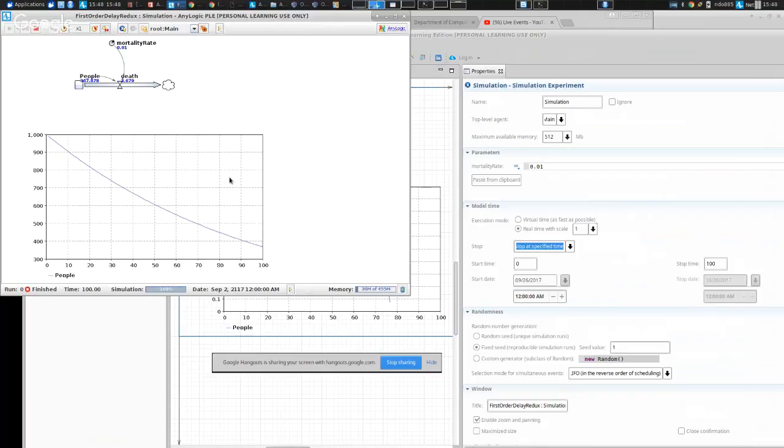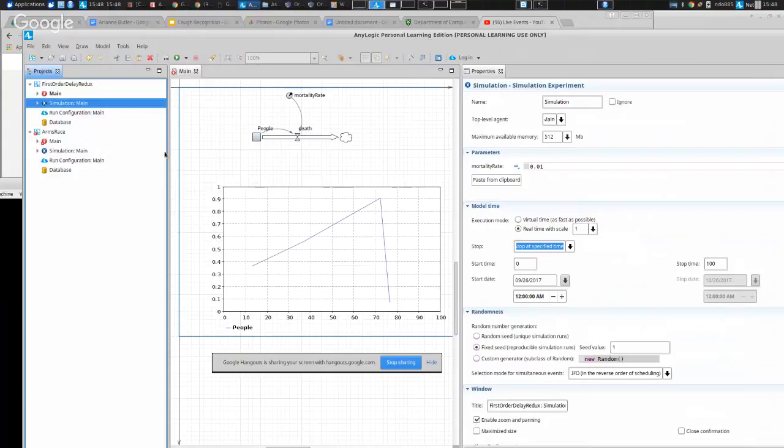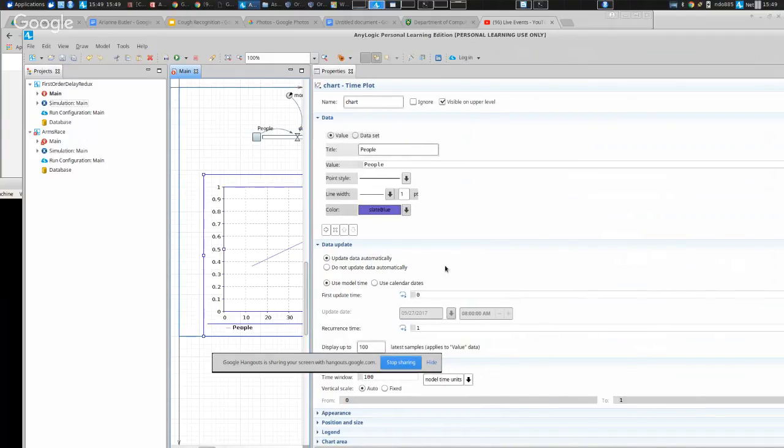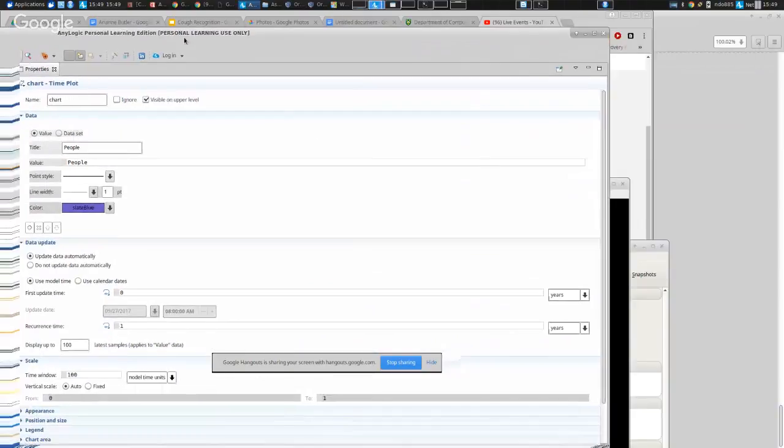If we really wanted to see it with greater clarity, and time is ticking, I'm going to go back and change the settings so that the value of the graph goes from 0 to 1,000. Okay, and we can do it further down here.